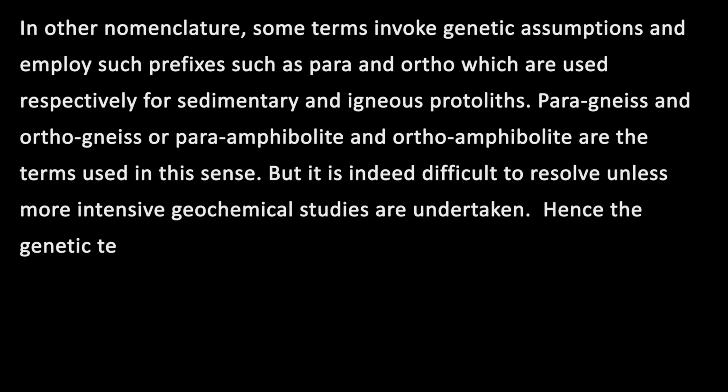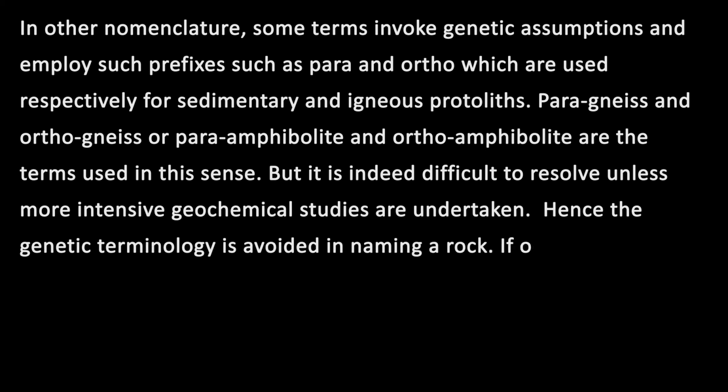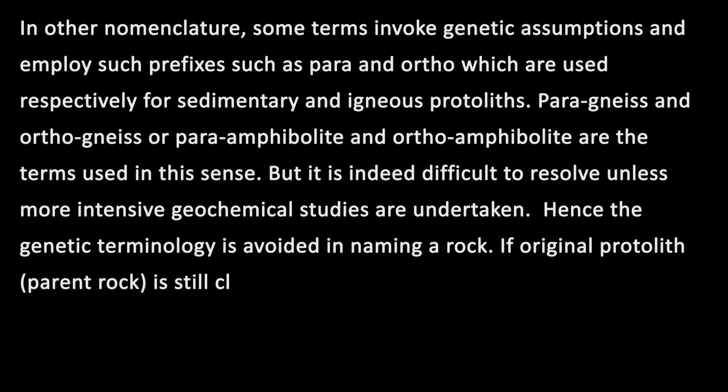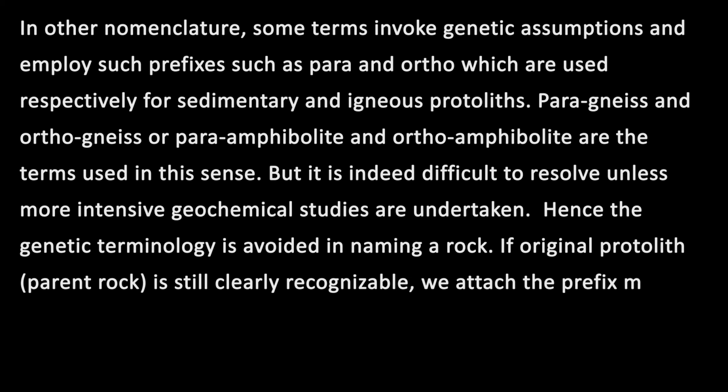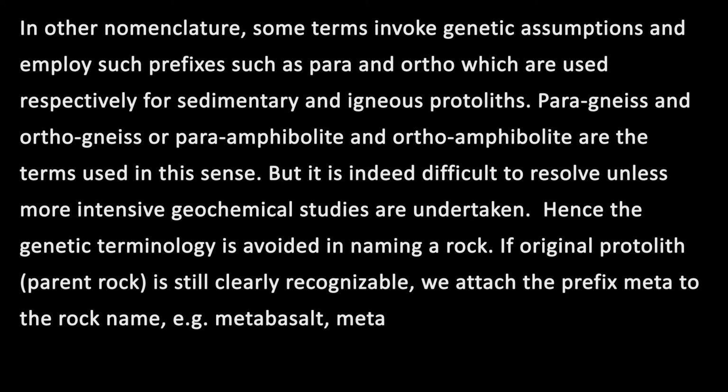Hence, the genetic terminology is avoided in naming a rock. If the original protolith or parent rock is still clearly recognizable, we attach the prefix meta to the rock name. For example, metabasalt, metagranite, metachert, etc.